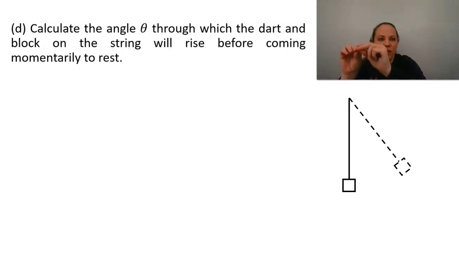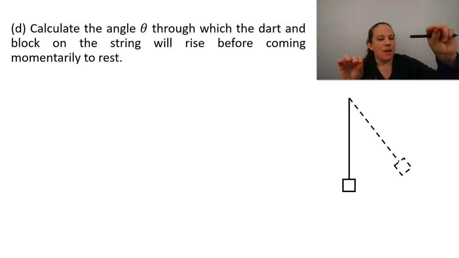So dart's going to hit the block, they're going to swing up and momentarily come to rest before swinging down. And so we want to figure out what is that height change between the lowest point of the swing and the height where the block comes to rest.